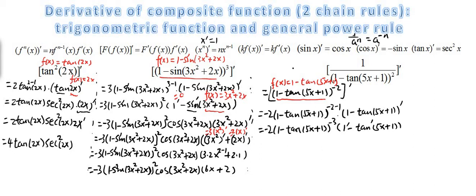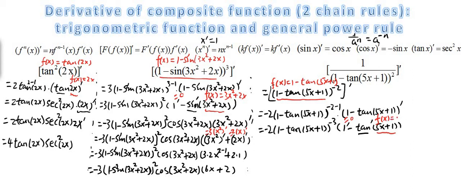And we can tell for the first function, derivative of 1 equals 0. And for the second term, we can use the chain rule. Here, what is capital F? Capital F is tangent. What is lowercase f(x)? Lowercase f(x) is 5x plus 1.